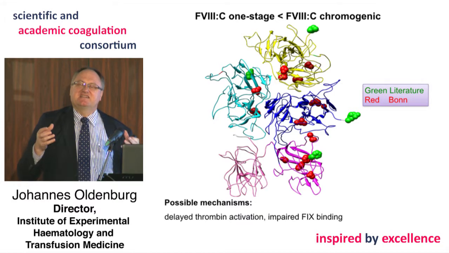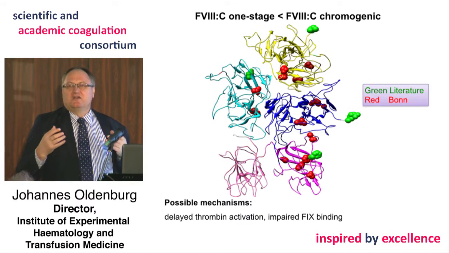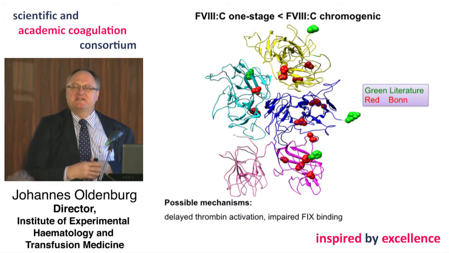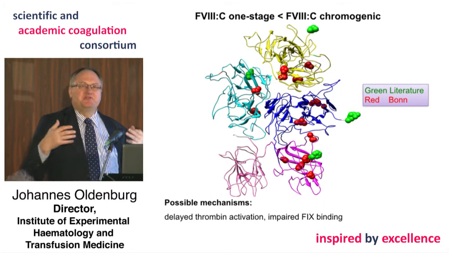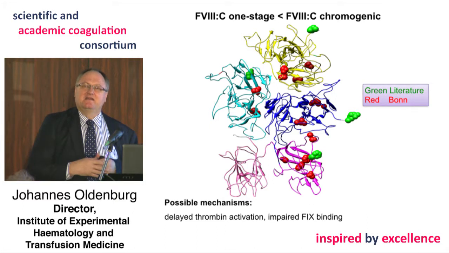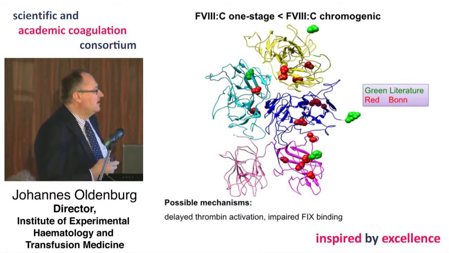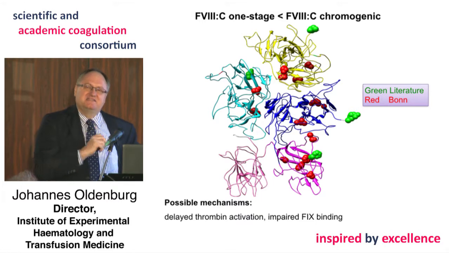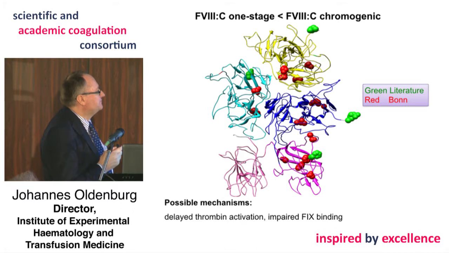And in the one-stage assay, we have physiological concentrations of thrombin. So this lower affinity is resulting in a lower factor VIII activity. In the chromogenic assay, we have high purified amounts of thrombin that is easily overcoming this lower affinity. So there we have no reduced factor VIII activity. Clinically, these patients have a mild hemophilia A phenotype.